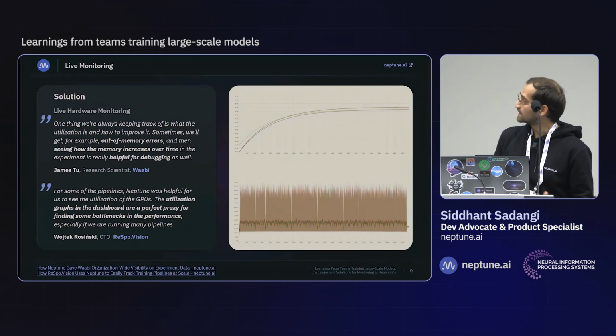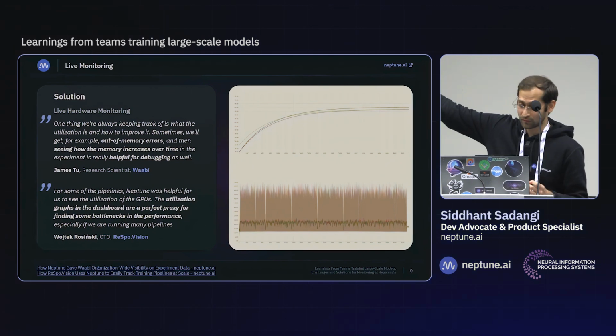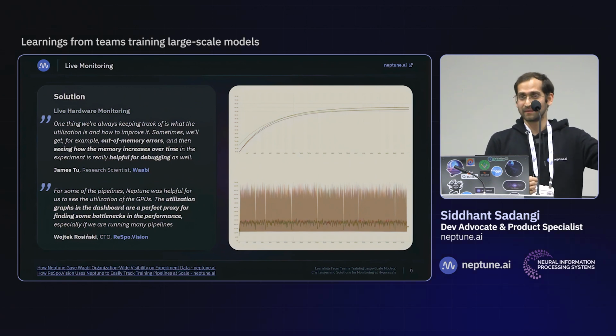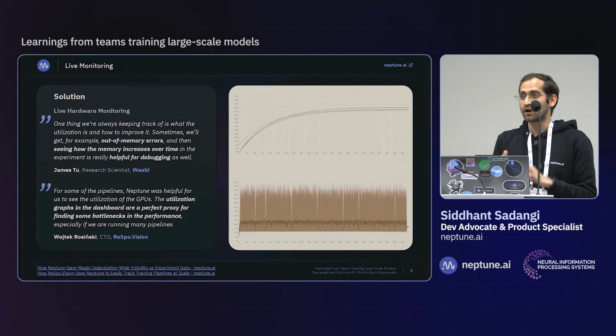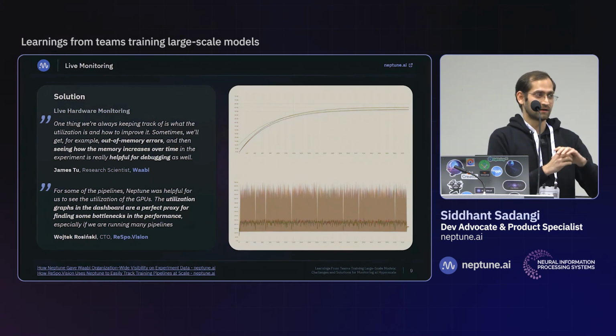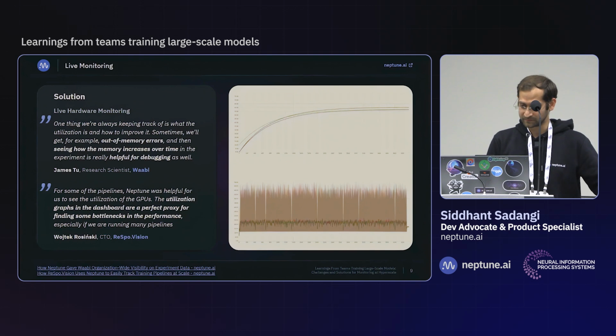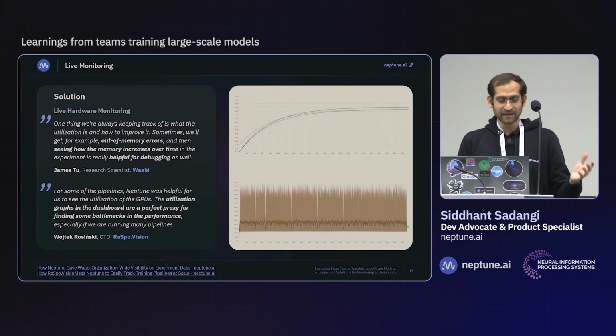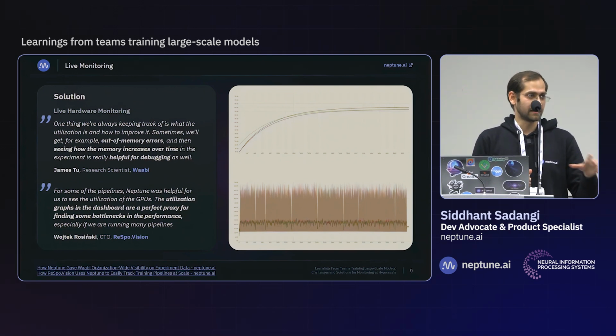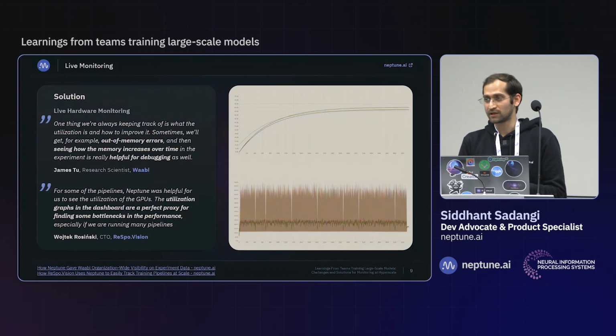For example, the chart on the top right is the memory consumption chart. Seeing how that increases can help you debug out-of-memory errors, or at least predict if you have a risk of running out of memory. And similarly, it also helps you identify bottlenecks in performance. So are you being limited by your GPU capacity?